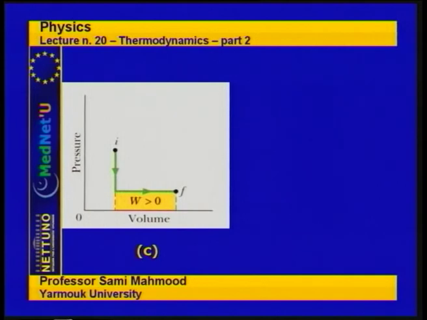We have another example, if we take the system from an initial state at constant volume and lower the pressure to a given final pressure, and then take the system to the final state at constant pressure, changing its volume, expanding it, we will get also this work done, which is the area under the curve, which is also a positive work, but it is smaller than the work achieved in the previous two cases.